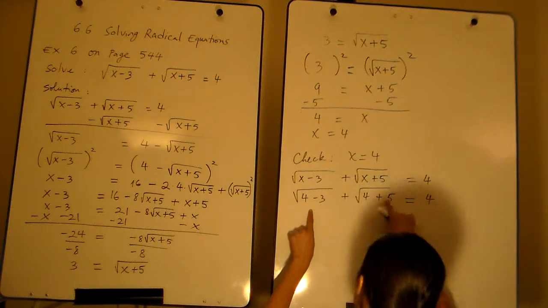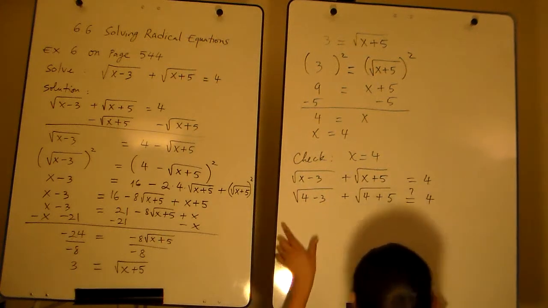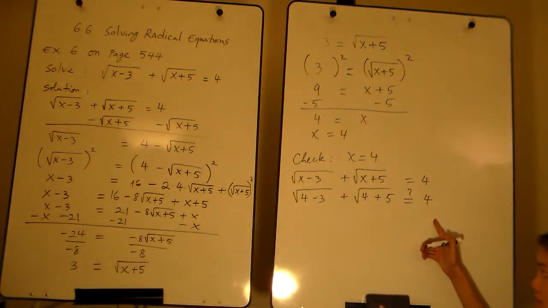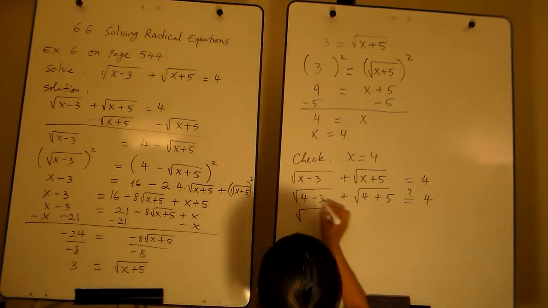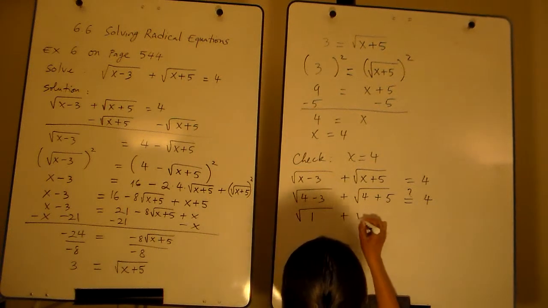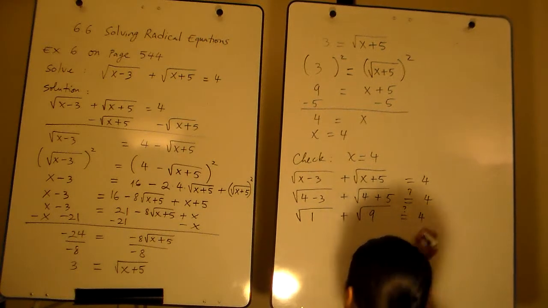Once we replace x with 4, we don't know if the left hand side is still equal to the right hand side, so I put a question mark. Simplify: 4 minus 3 is 1, plus 4 plus 5 is 9, question mark 4.